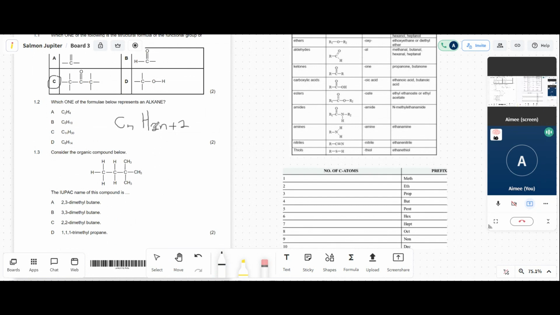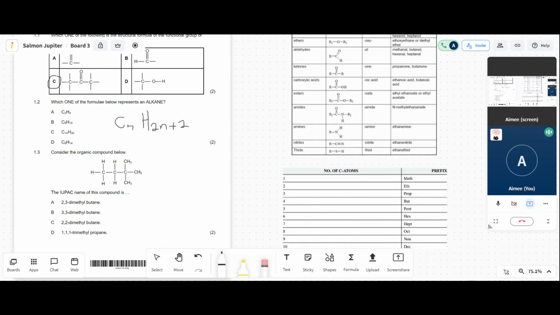So your number of hydrogens has to be the number of carbons multiplied by 2, plus 2. All you have to do is find the option that follows this general formula.